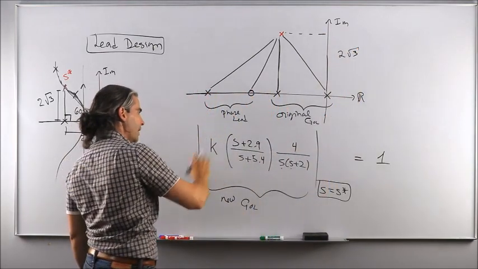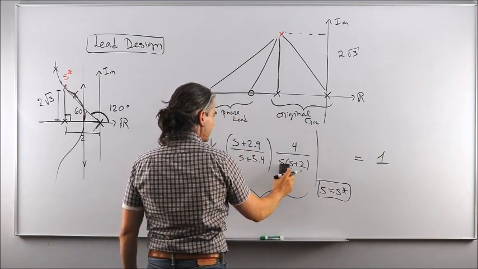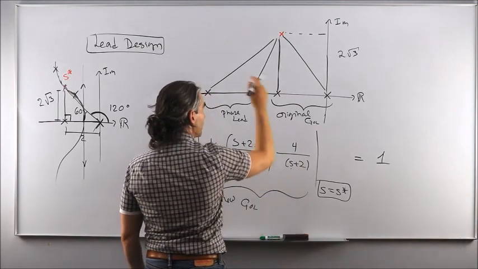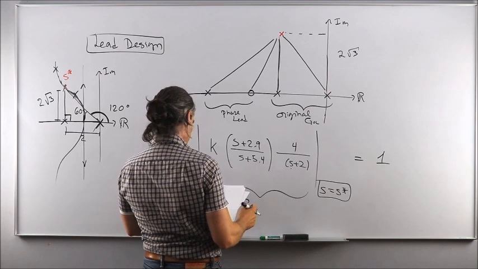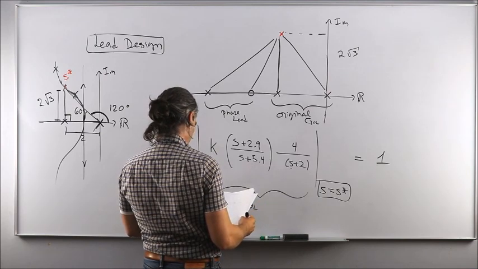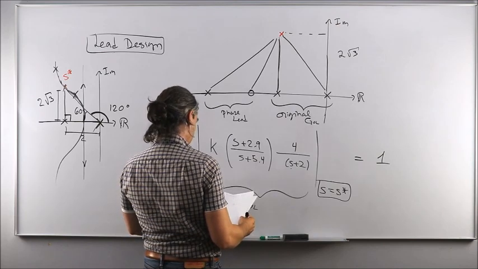What you do is that you come back here and say, okay, I'm going to replace my S in terms of its distance with respect to S star. And that is going to be, which one is which? 1, 2, 3.